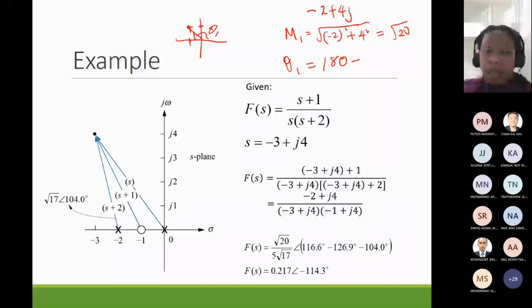So that angle will be tangent inverse of 4 over 2, tan^-1(4/2). So we can try to calculate.